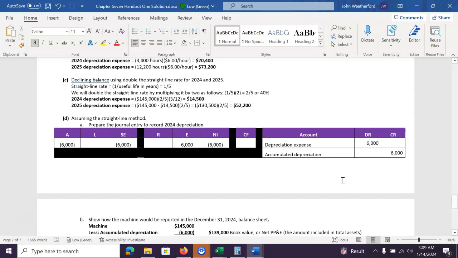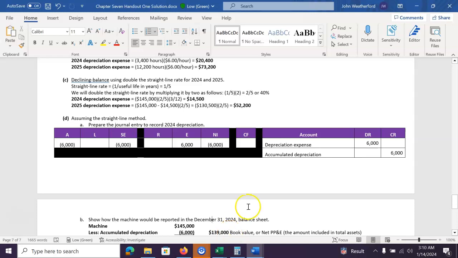$139,000. I usually use the term book value, but sometimes on the balance sheet you might see it called net PP&E. PP&E standing for property, plant, and equipment. And this is the number, as it says here in parentheses, the amount included in total assets.